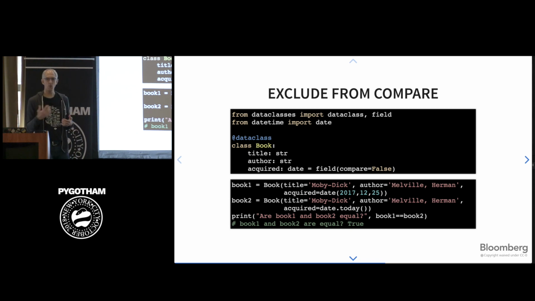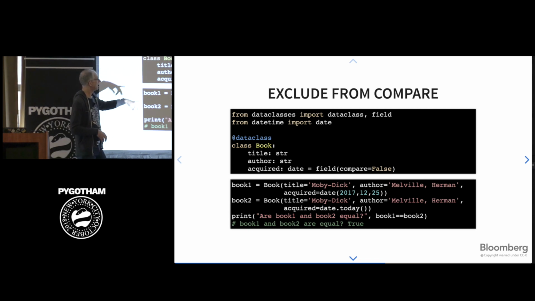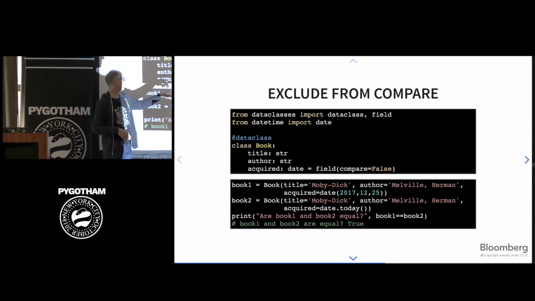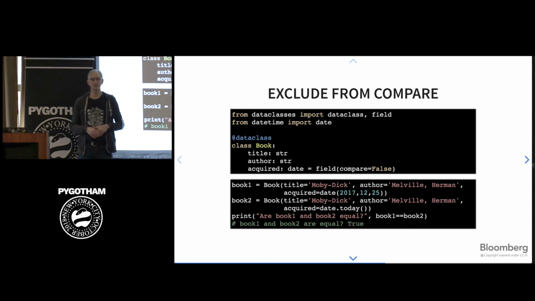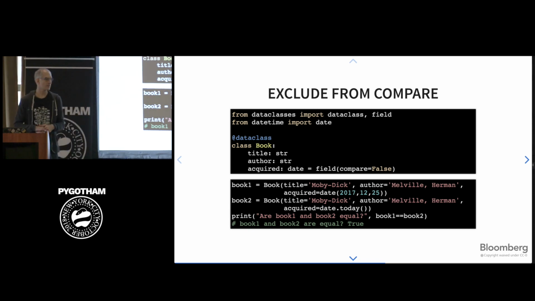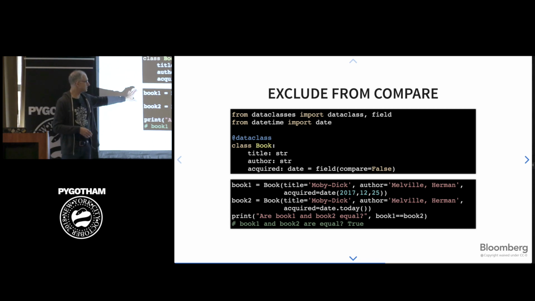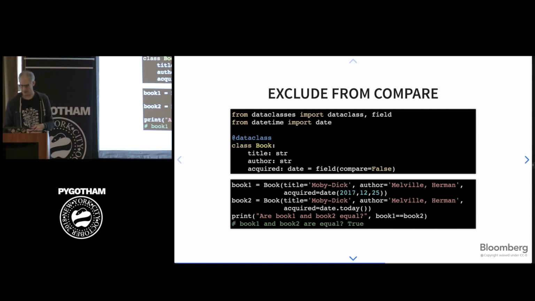I still want to track when I acquired the book, but I want to be clear when two books are the same. So this is where I'm excluding the date acquired from the compare. Here I have two copies of Moby Dick, one acquired in 2017 and one acquired today. They're still the same book, and the compare operator confirms that.